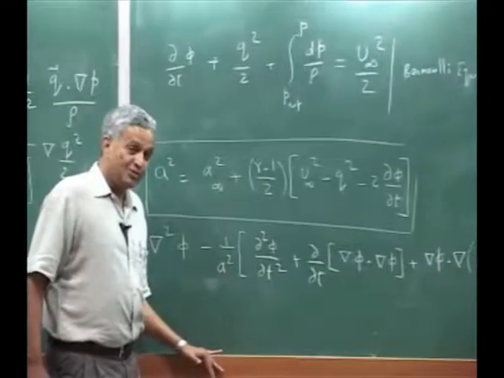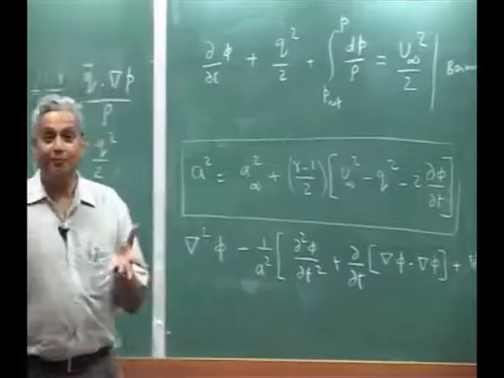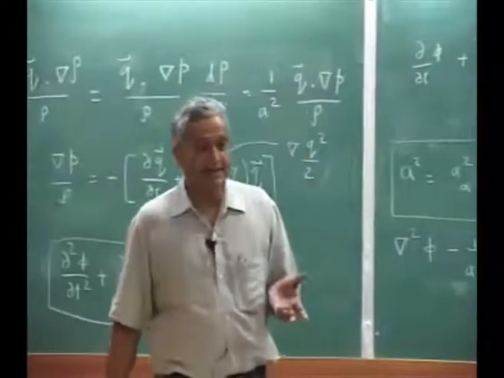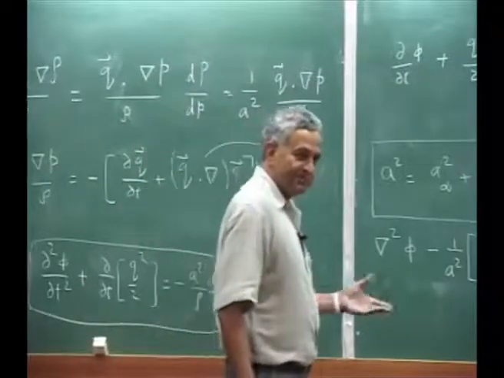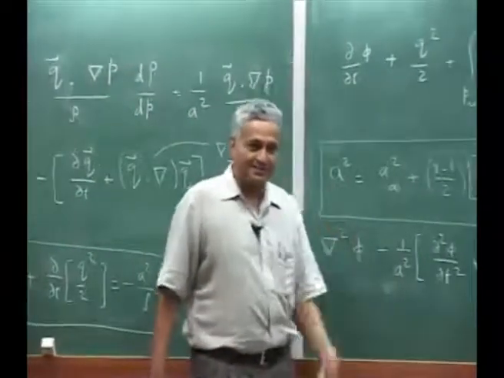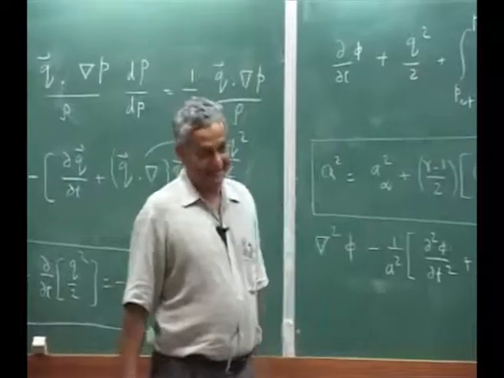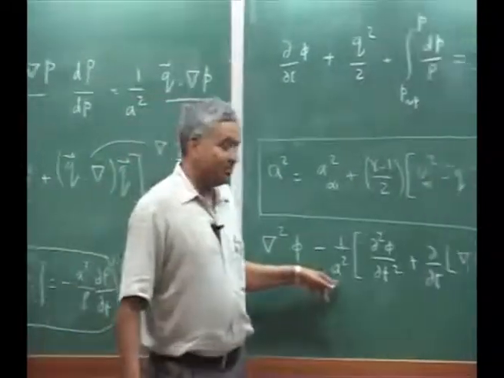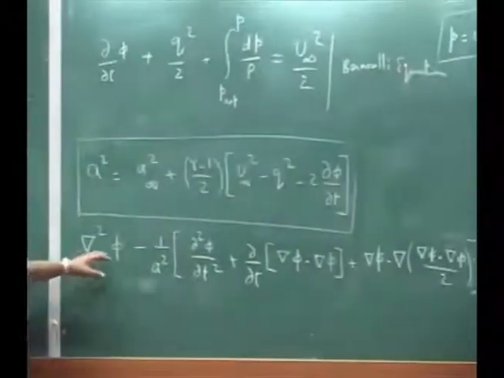Now if you assume my flow is incompressible, that means density is a constant. Then speed of sound is actually infinity. A will go to a very high value, this will completely drop out, you will get del square phi is 0.